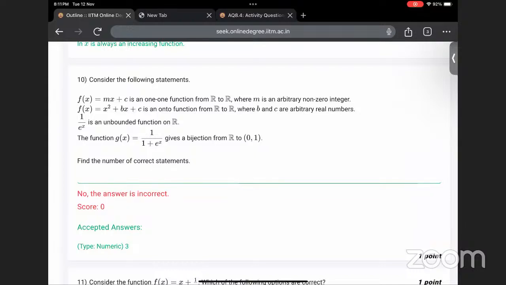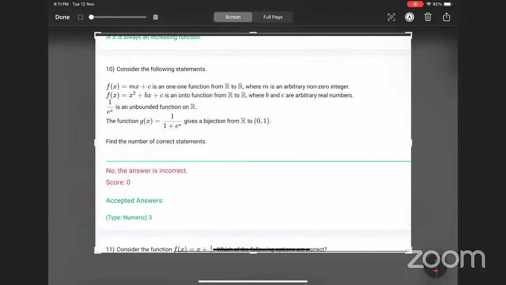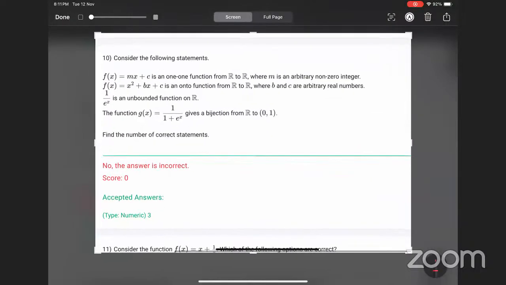Bounded means basically there will be a lower bound as well as an upper bound. Are you familiar with the terms lower bound and upper bound? Lower bound is the least value of the range. Correct. That means some u is a lower bound when u is less than or equal to f(x) for every x belonging to the domain.